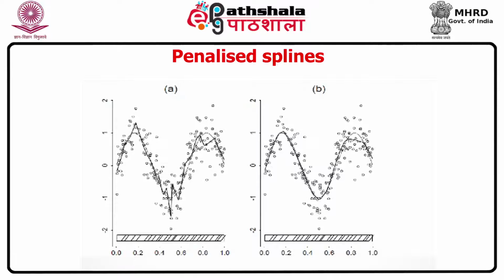So far, the results we have seen can be fitted within the usual linear model. In this slide, we can see 2 plots. The one to the left has been fitted by using the linear model and spline regression. The second has been fitted by using something called the penalized spline.